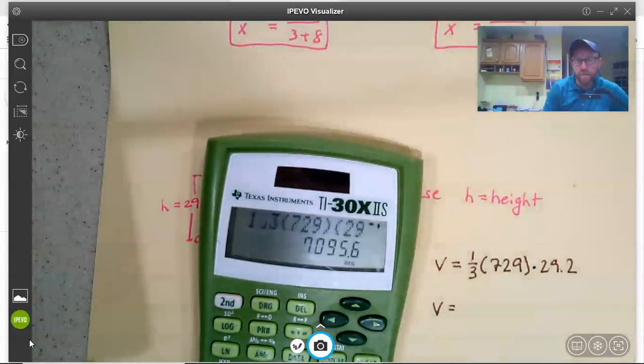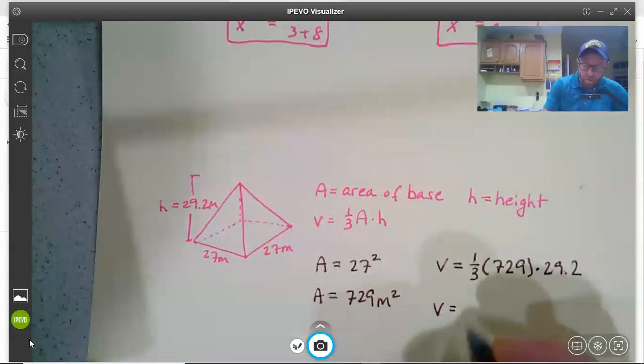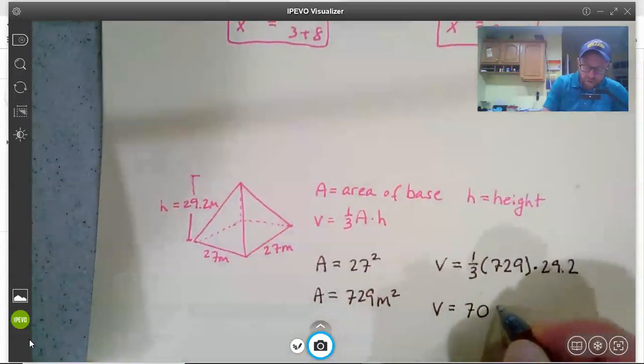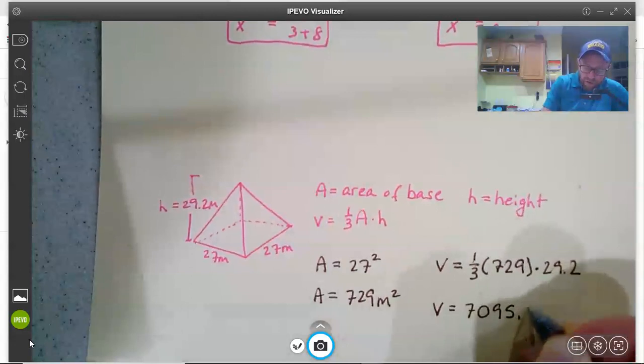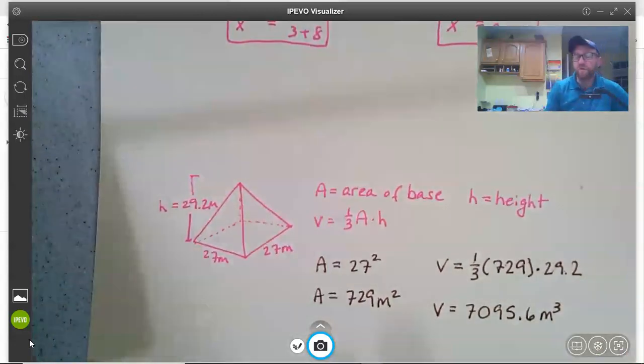And we get 7095.6. And now our units are meters cubed because it's a volume. We measure in cubic meters.